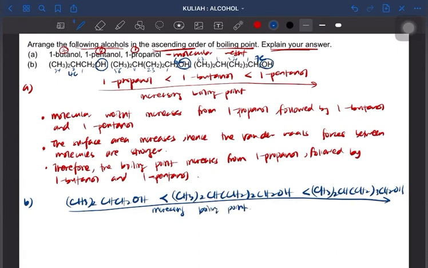Okay, so kita buatlah point dia macam biasa. So point dia sama macam atas ni. Okay, kita cakap pasal molecular weight lah.